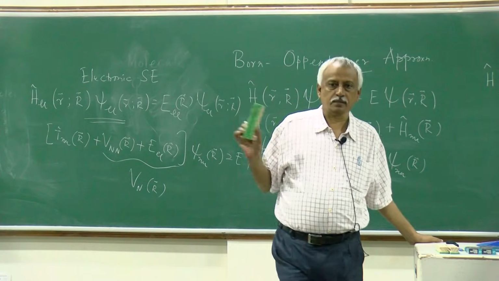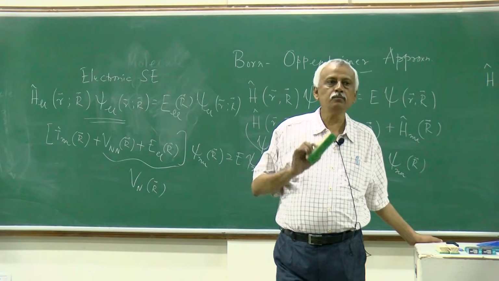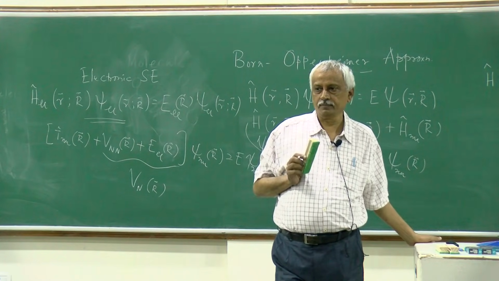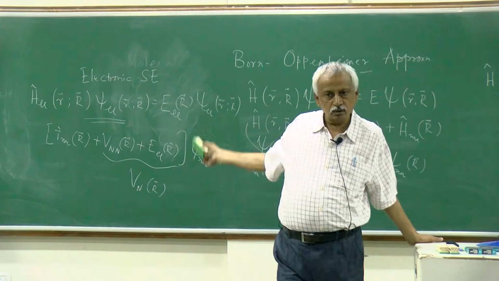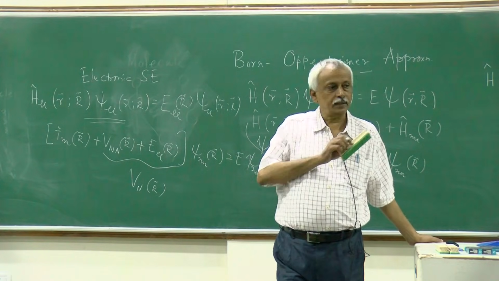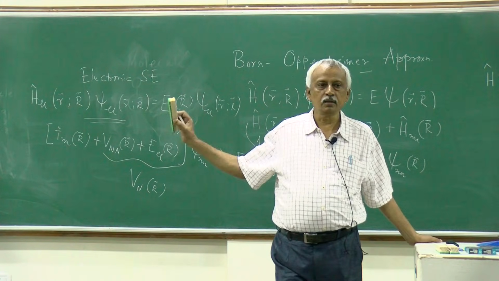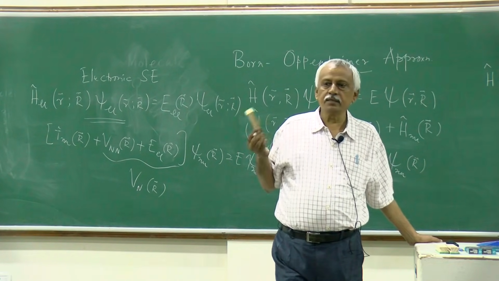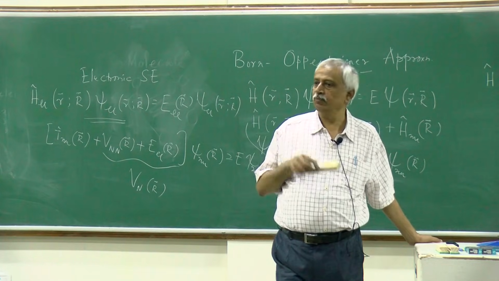Molecular electronic structure calculation for a given nuclear framework or a given geometry of the system. As I told you, with the whole methodology, I know the equilibrium points, so I can calculate the electronic structure for the equilibrium geometry of a molecule.